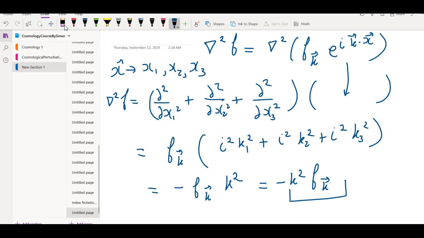So this is what, in index notation, sorry, in k space, there is no index here. In k space, you can replace del square f with minus k square f.